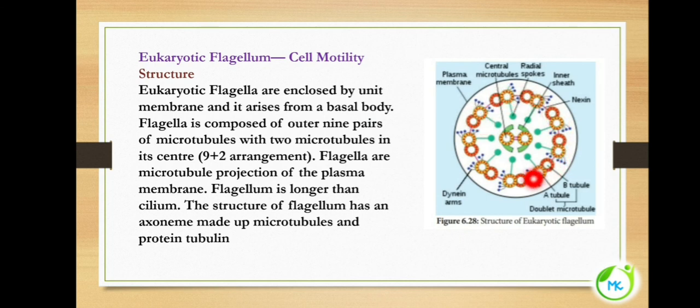How many microtubules are found on the outside? 9 pairs, and in the center you have 2 microtubules, not 2 pairs. This arrangement is called the 9 plus 2 arrangement.